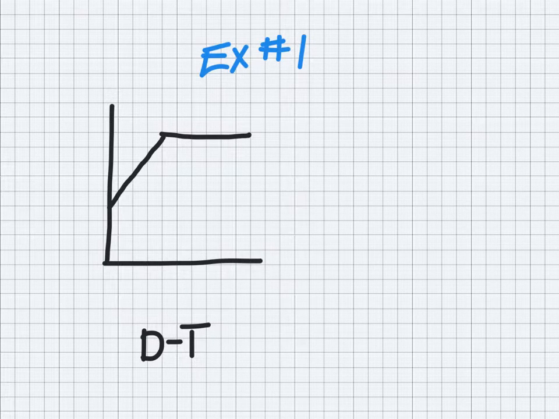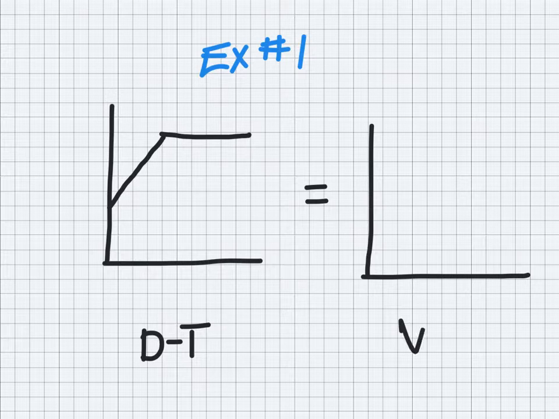So what then would we draw if we were trying to turn this into a velocity time graph? In your notebooks, you have drawn the distance time graph. Now, on the right side of your paper, let's see if we can figure out what the velocity time graph is going to look like.